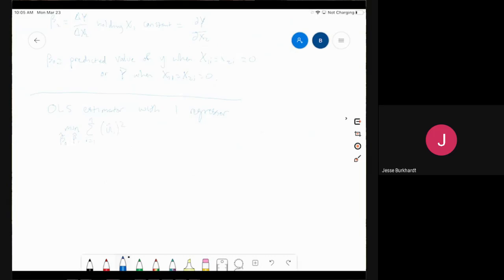And we can plug in the definition of u hat i. So this thing is going to be equal to the min over these two variables, beta hat 0 and beta hat 1, of the sum from i equals 1 to n of y_i minus the predicted values of y, squared. Now we can plug in the definition of y hat, the predicted values.